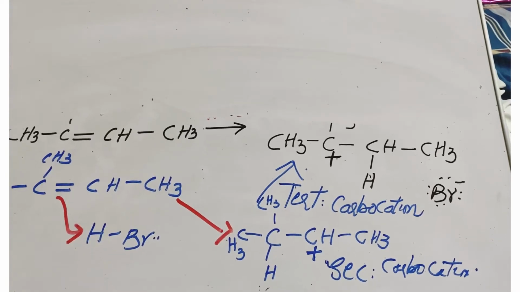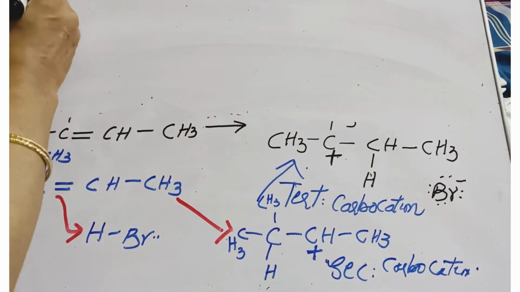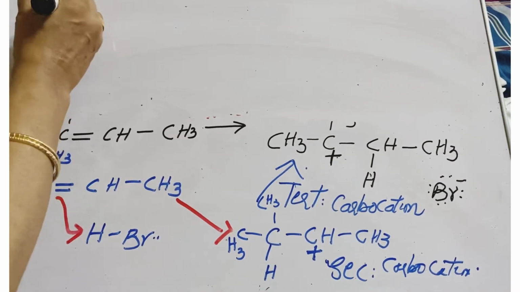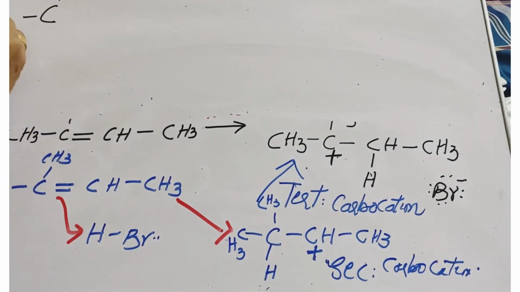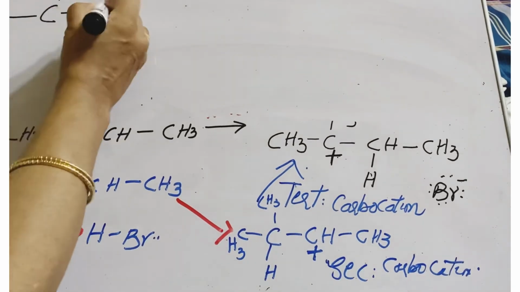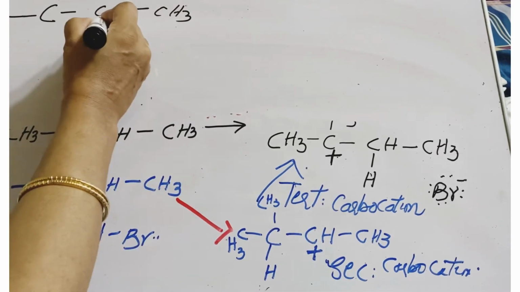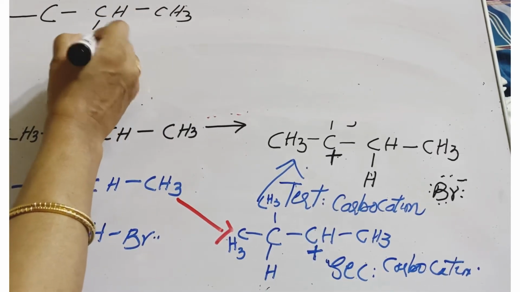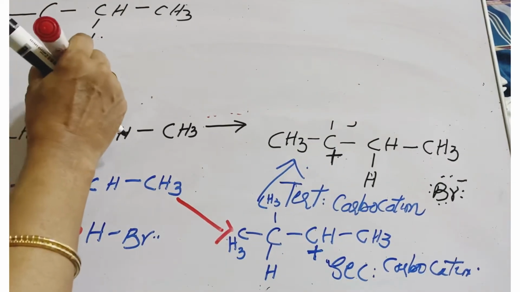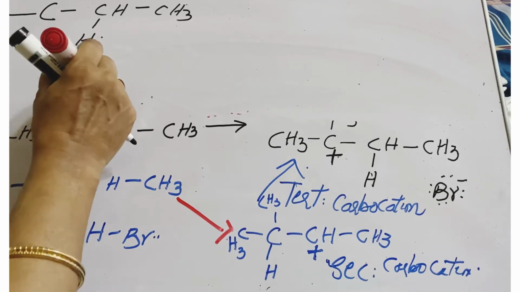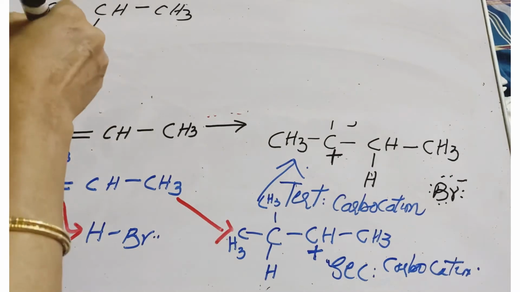That is, CH3, CH3, CH3. So now what's happening here? If a bromide ion is here, it's going to attack what?